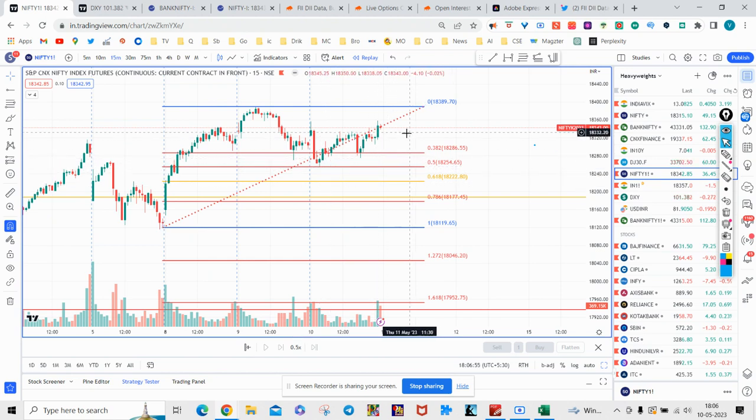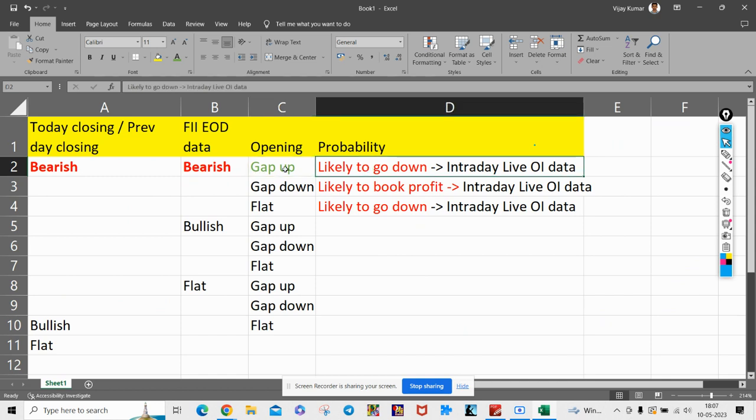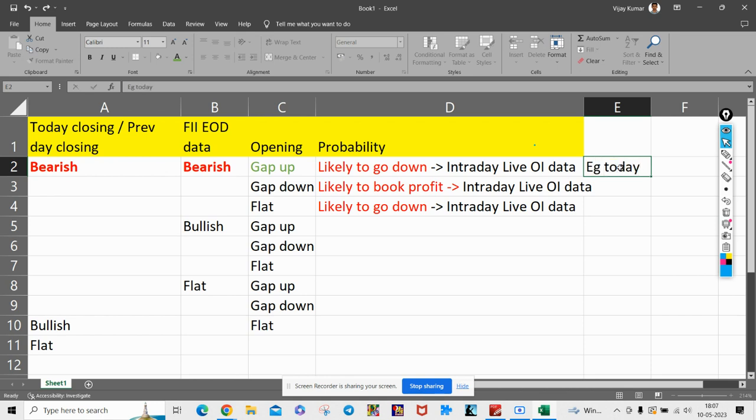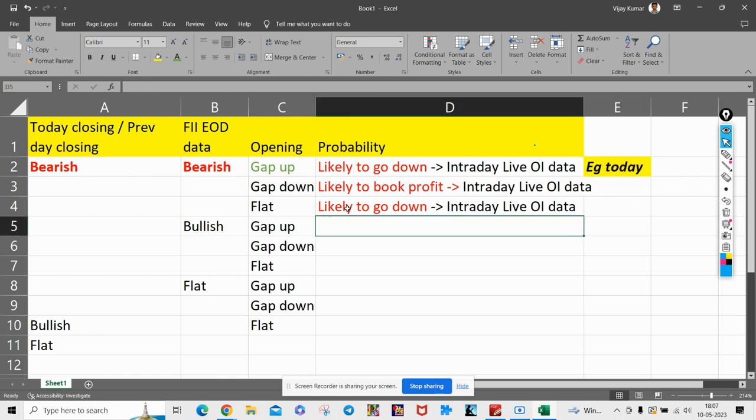So the market closes towards the top, and only since the EOD data was bearish, EOD data is bearish. So even when there's a gap up, it is likely to go down and then take the future course. So this is what happened today. I got an example today, because I wanted such a day to explain this concept, and again it is the same. When it is gap up, what it will do is very clear.